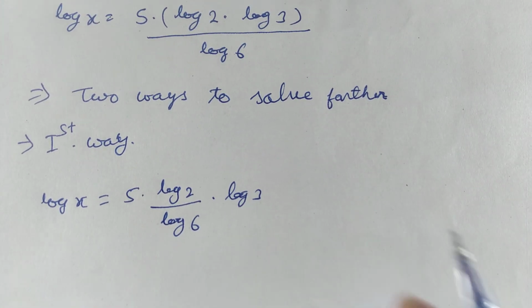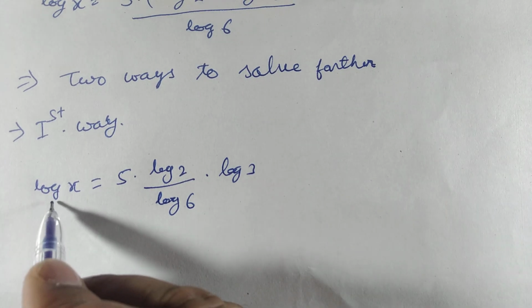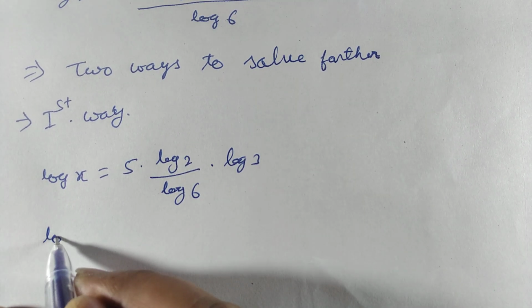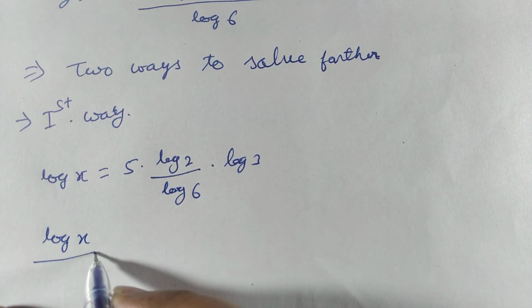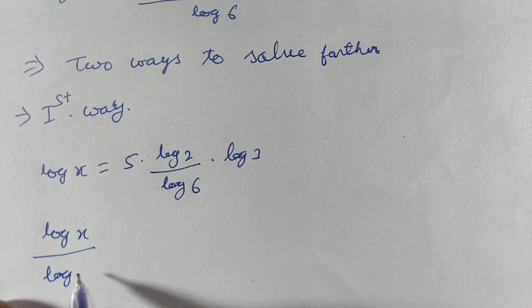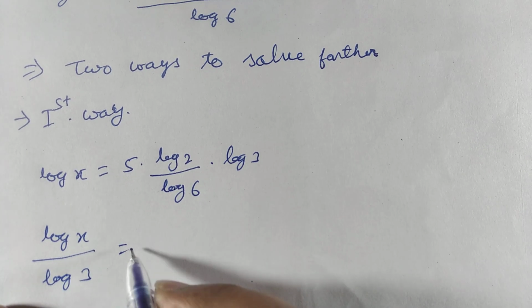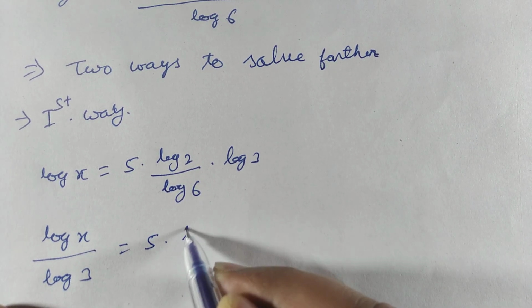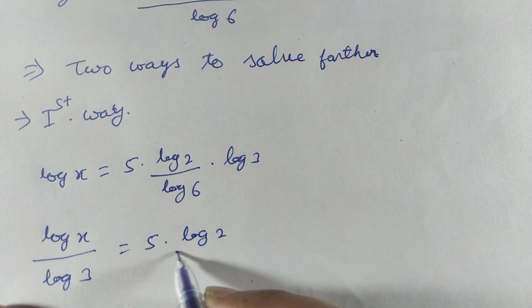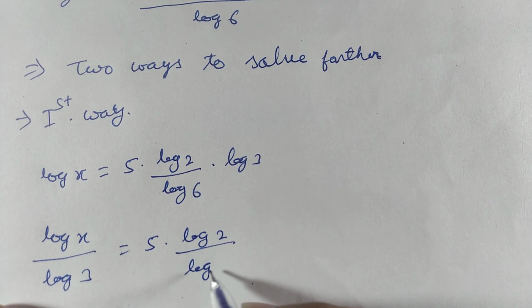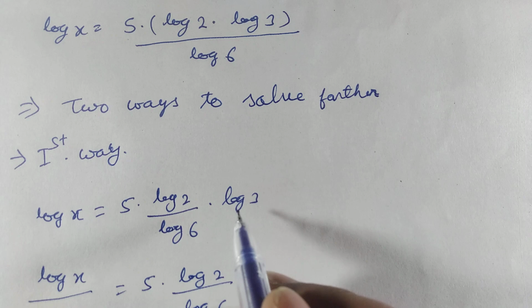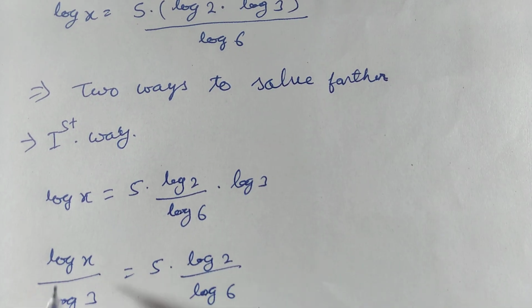This log 3 moves to the left side: log x over log of 3 is equal to 5 times log of 2 over log of 6. This log 3 moves to the left side and shifting in this.